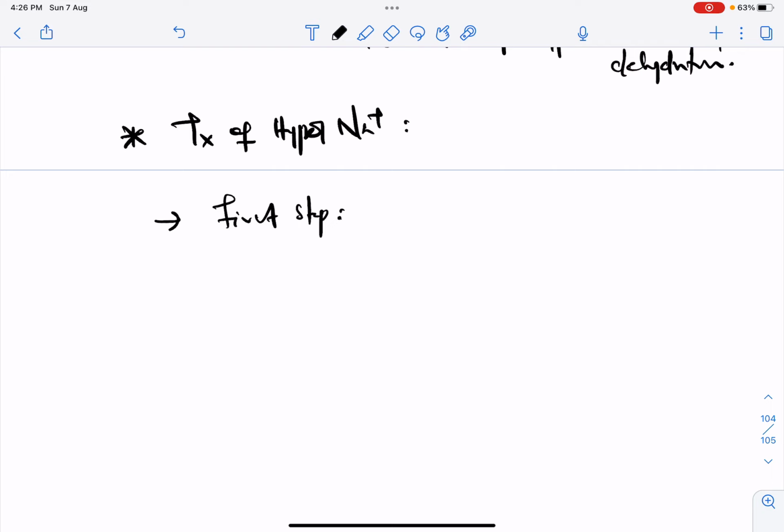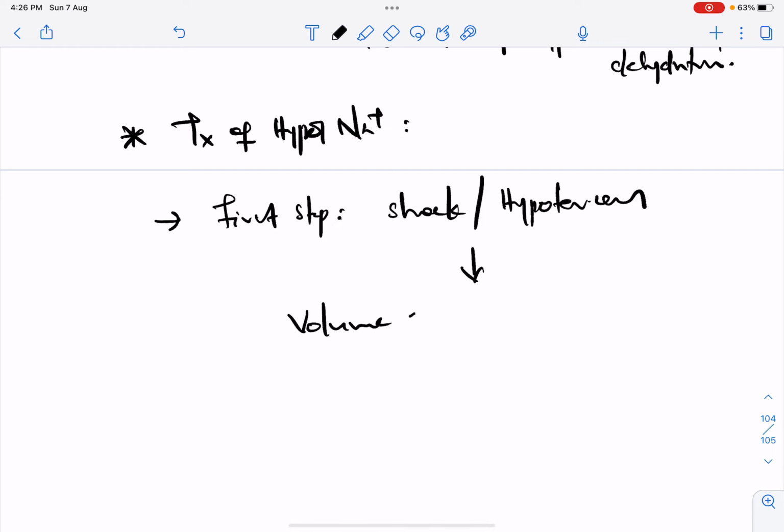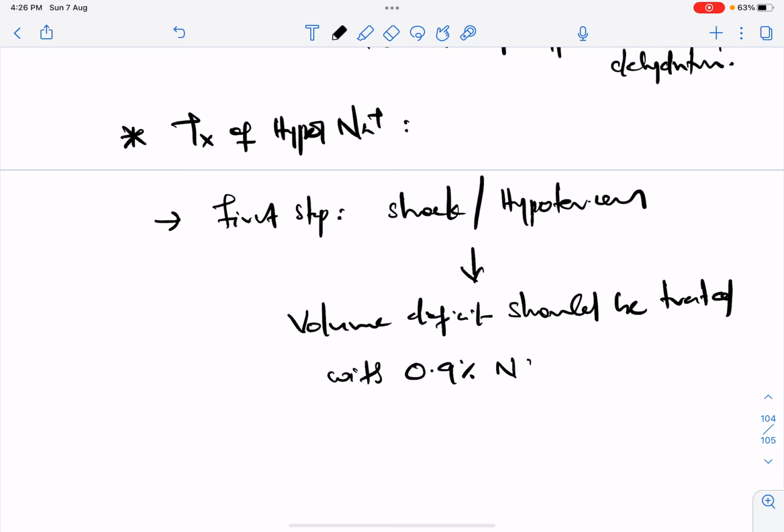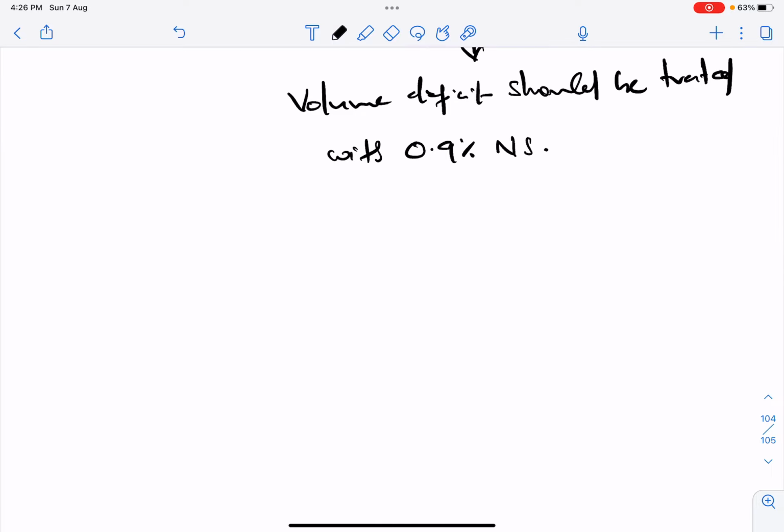Okay, if the patient is presenting with either shock or hypotension, the volume deficit should be treated with 0.9% normal saline. Okay, that is the first step in the management of hypernatremia. Now go to the second step.